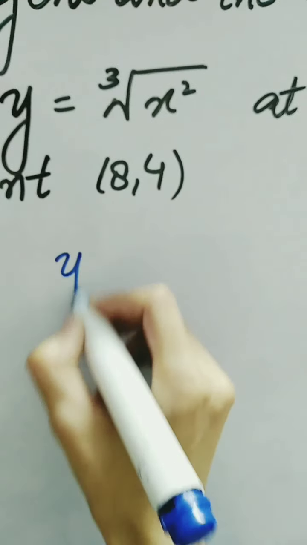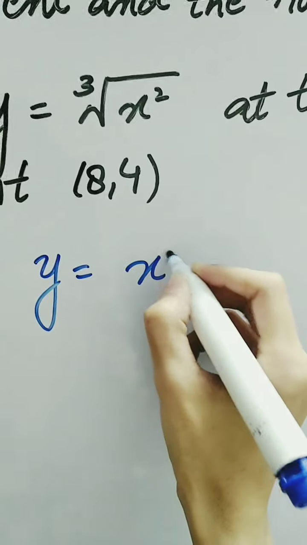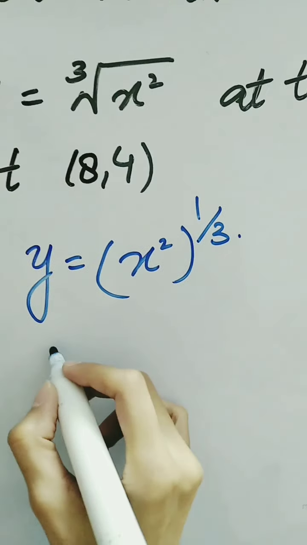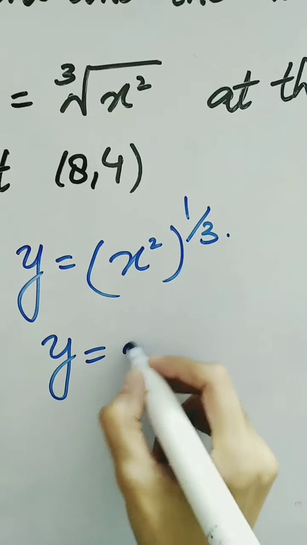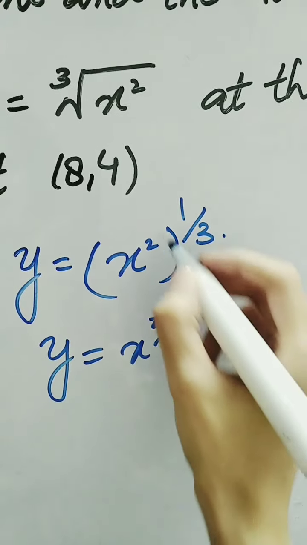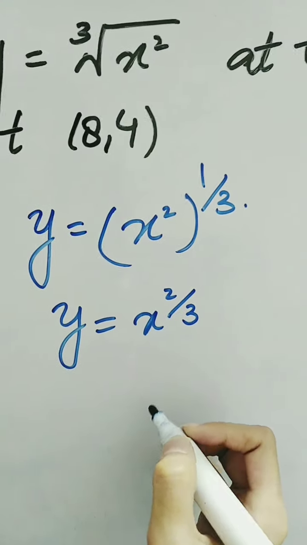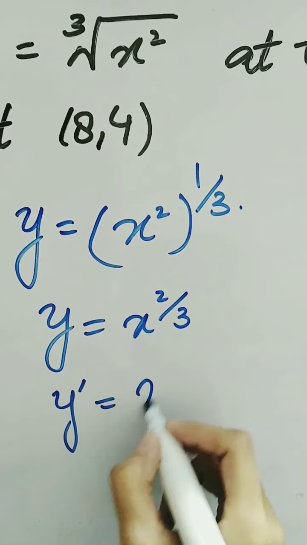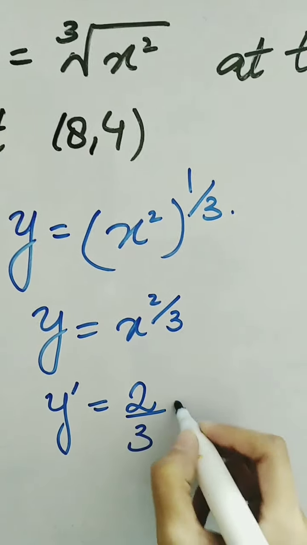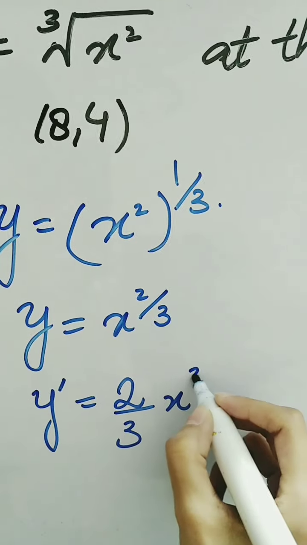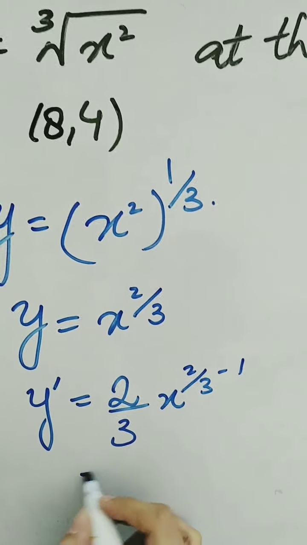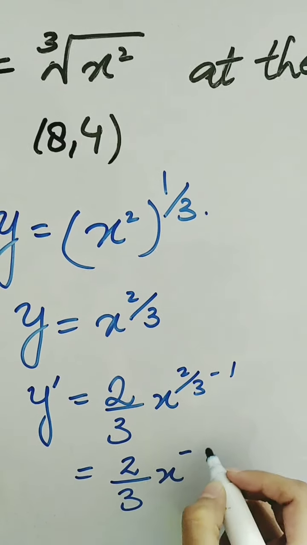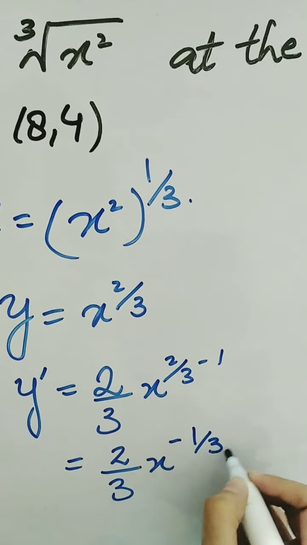We have the function x squared to the power 1 over 3, which is equivalent to the cube root, or we have x to the power 2 over 3, as they are both multiplying with each other. Now we will take the derivative, which comes out as 2 over 3 x raised to the power 2 over 3 minus 1, or we will have 2 over 3 x raised to the power minus 1 over 3.